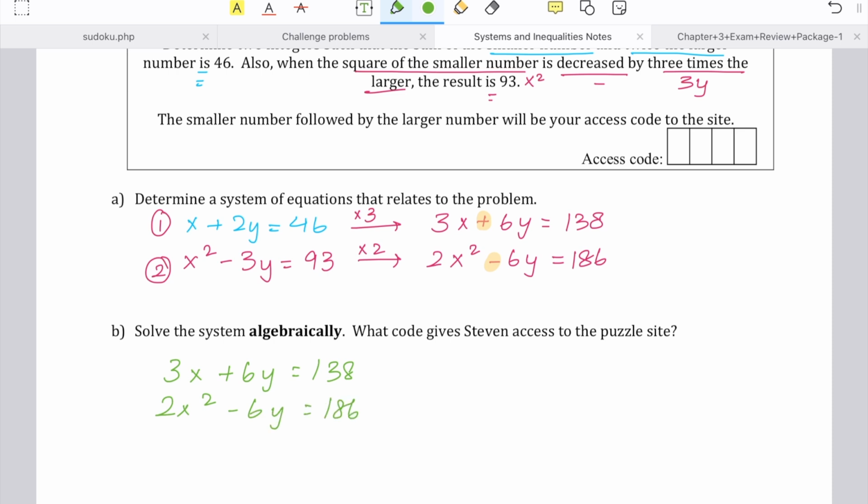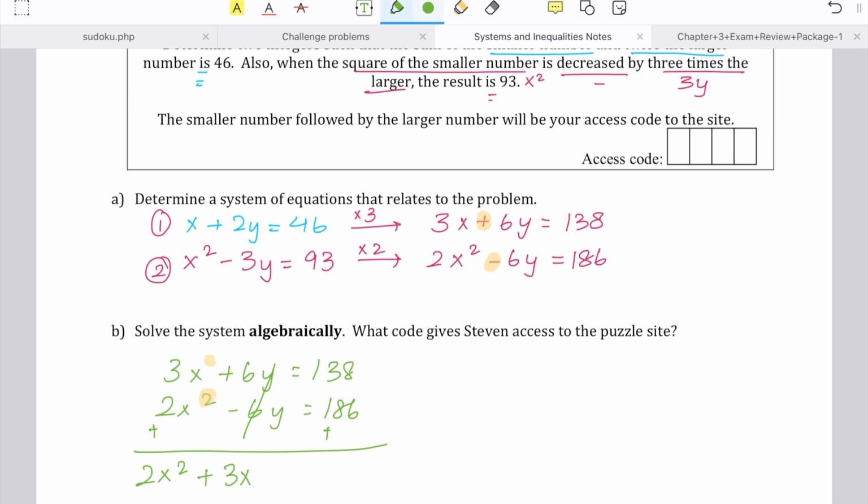When I add them, 6y minus 6y is 0, and then you have 2x squared plus 3x. Remember, they're unlike terms because x squared and x are different.